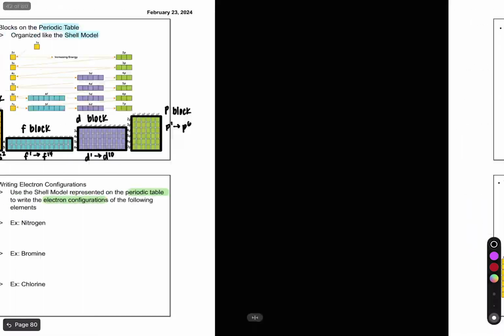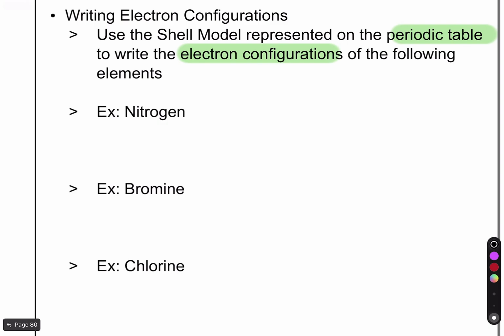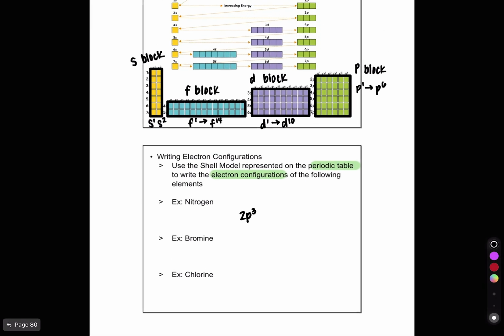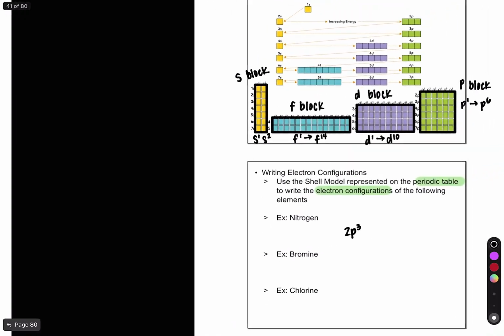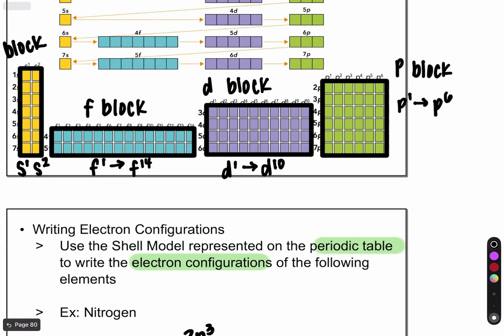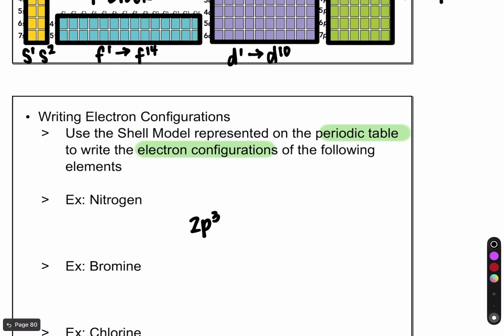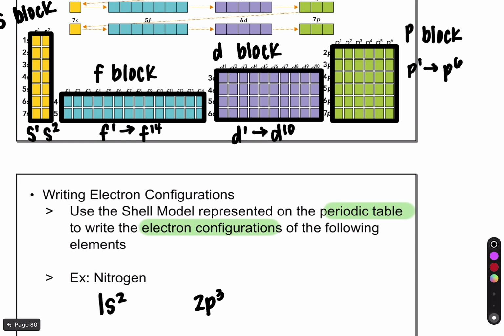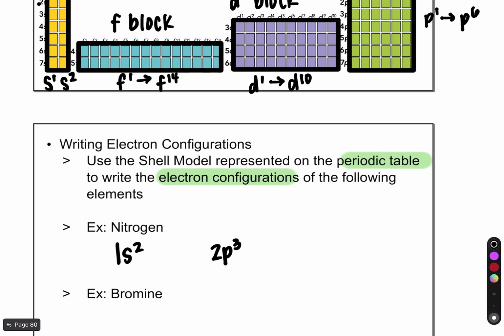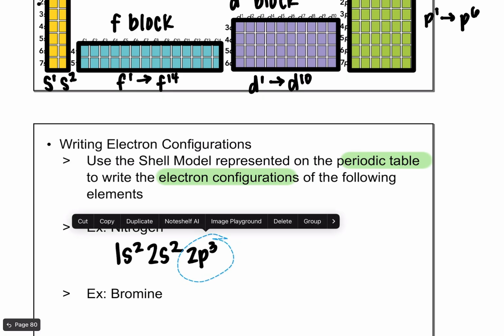So what that means for nitrogen's electron configuration is that 2p3 should be the last part of the configuration, and all of the blocks that came before were filled up. So my 1s block was filled up with 2 electrons. If I scroll up, my 2s block was filled with electrons, leaving my next block to be the 2p block.